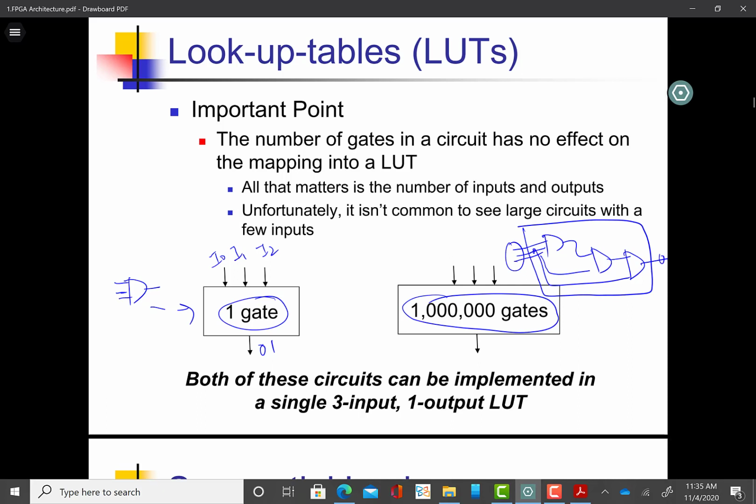So it is irrelevant to think of a lookup table in terms of gates. Instead, it only deals with the primary inputs and primary outputs of the piece of circuit that you want to map onto the lookup table.